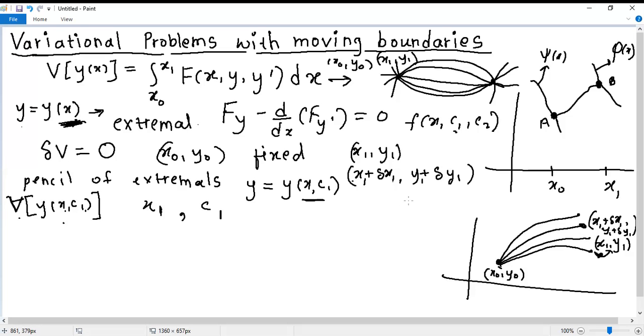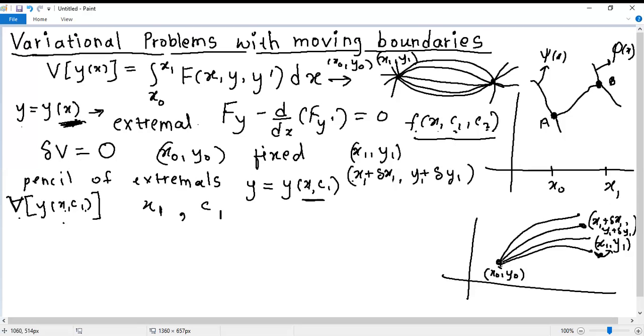Therefore the solution of the Euler-Lagrange differential equation, which was looking like f(x, c1, c2), that is y of x equal to something in terms of c1, c2 and x, because one point is fixed, will now be of the form y equal to y of x comma c1. It will be a function of x and c1.